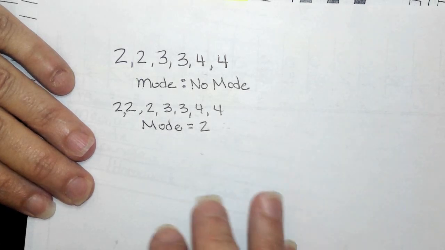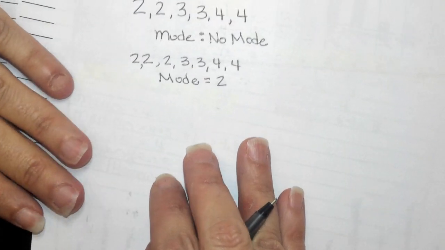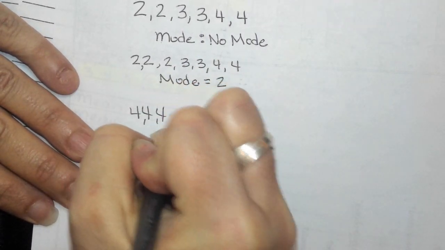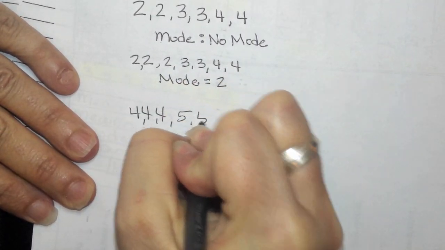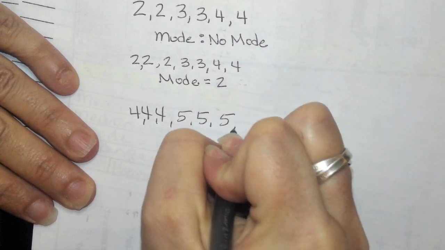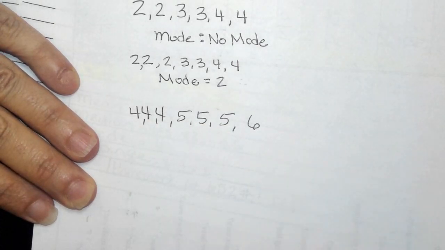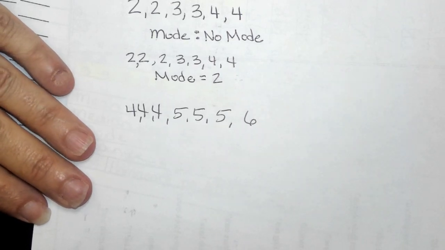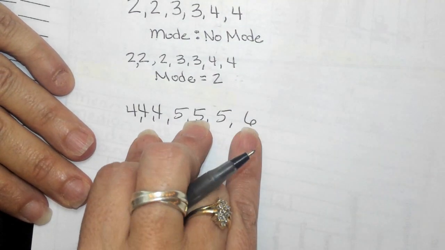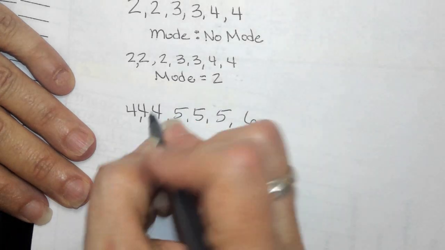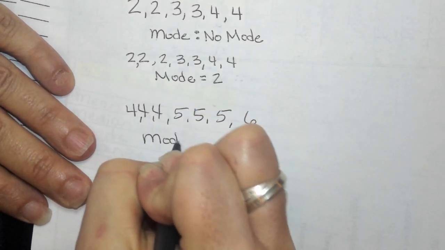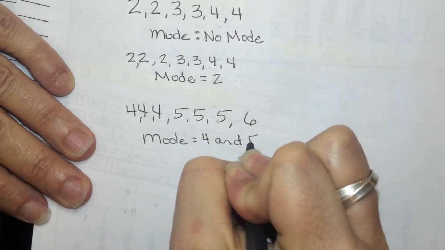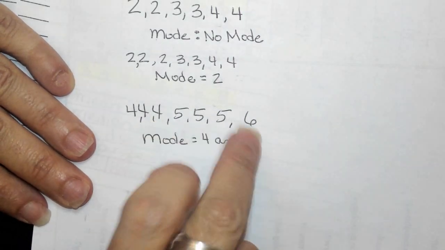Now, please look at this last one. Don't these happen more than that 6? So, my mode on that list is actually 4 and 5. Because they happen more than that one.